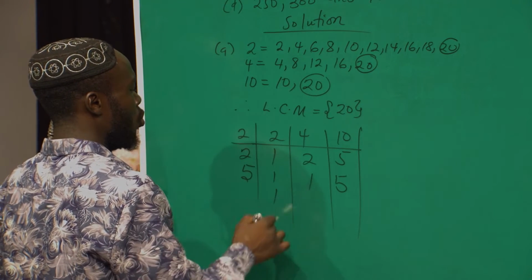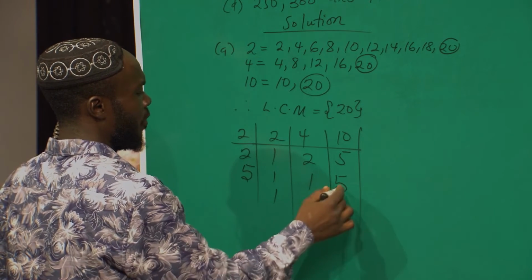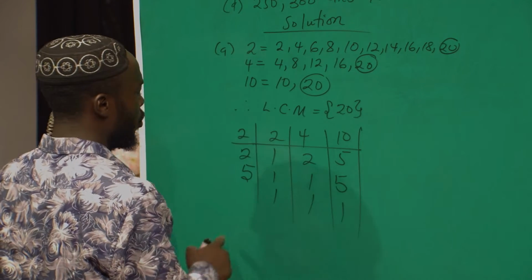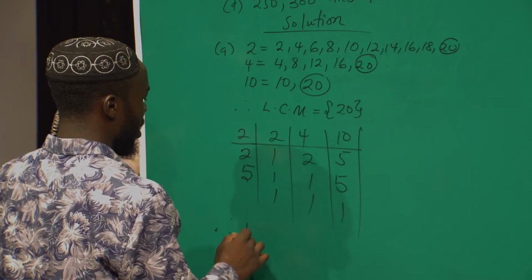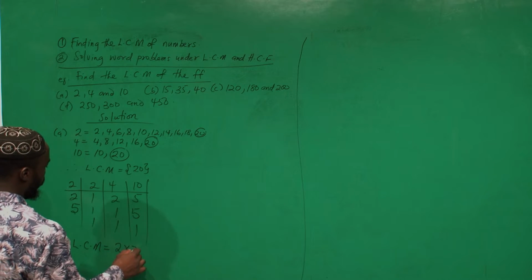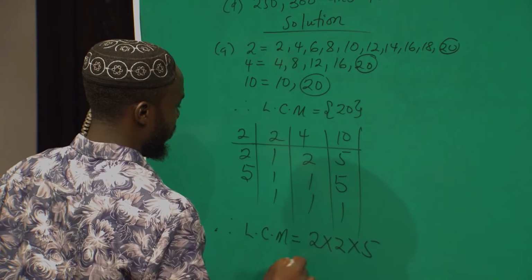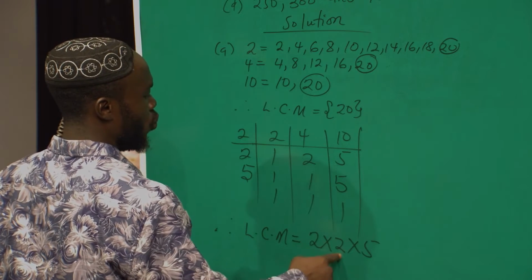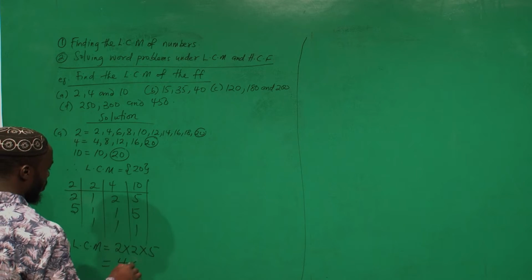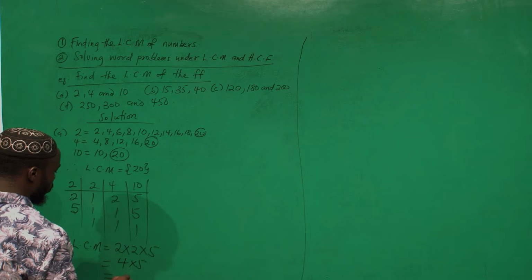So 5 can't go into 1, I repeat. Can't go into 1, I repeat. Goes into 5 one time. So since we have 1, 1, 1, we stop. And therefore, our LCM will be 2 times 2 times 5. And 2 times 2 is 4. 4 times 5 is 20. Then we have what? 20.